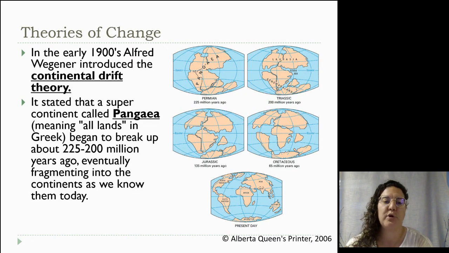And when we look at that supercontinent called Pangaea, meaning all lands, it began to break up around 225 to 200 million years ago, fragmenting into the continents that we see today. And so this demonstrates the idea of continental drift, as those continental plates are moving, some are moving away from each other, and now some are moving towards each other.